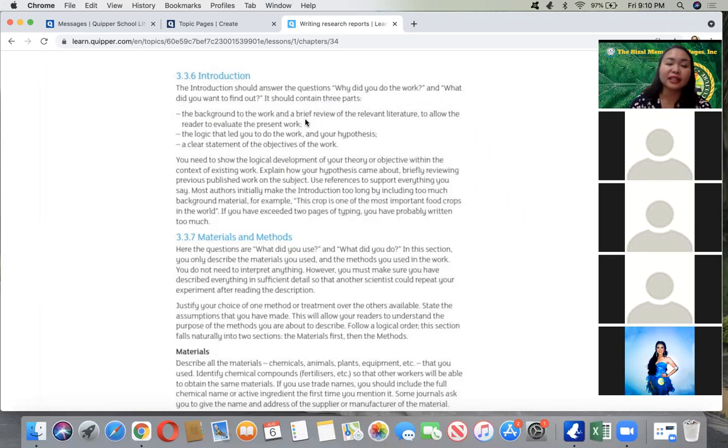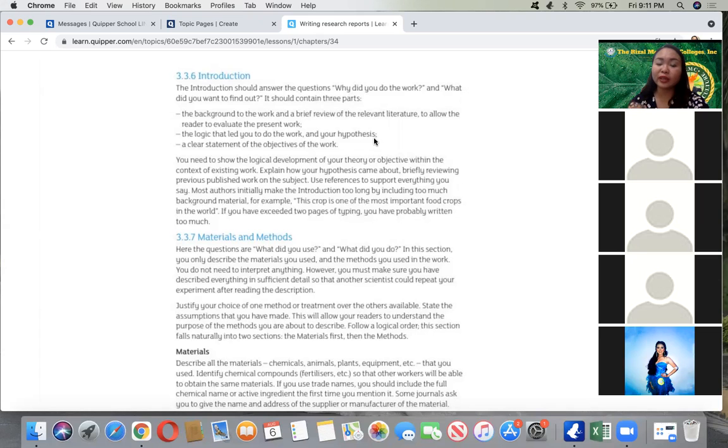Or that the virus came from the US. Then the logic that led you to the work and your hypothesis. Why do you care? Because it is very destructive, for example a pest in the banana industry. And then what's your hypothesis?